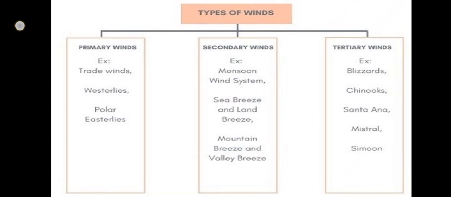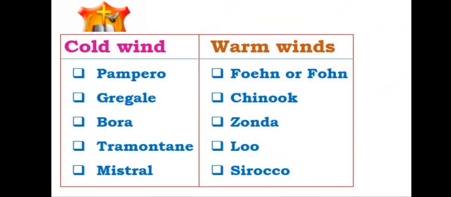The third type of wind are variable winds. Variable winds are of two types: cyclone and anticyclone. And another one is local winds. Local winds include Lu, Mistral, Chinook, Pampero, and so on.